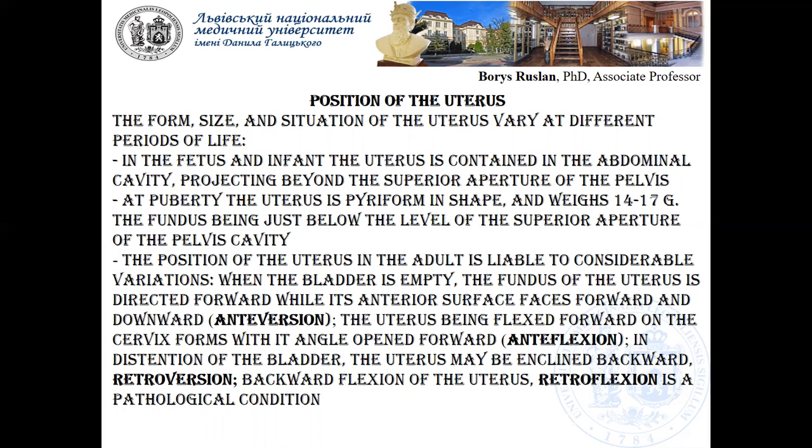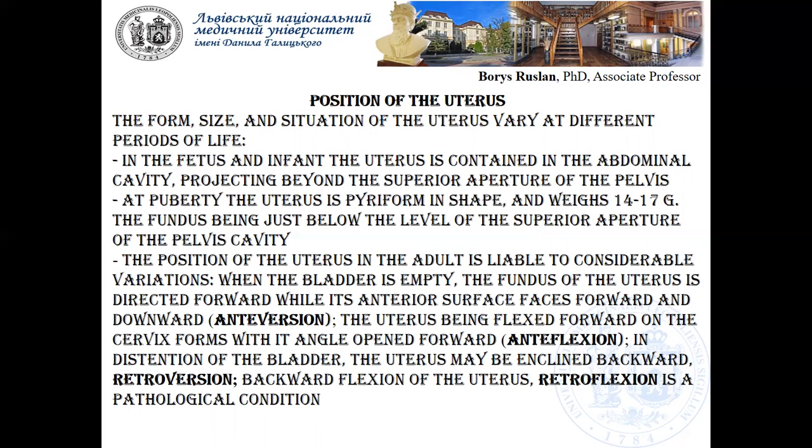Okay, next. The position of the uterus in the adult is liable to considerable variation. When the bladder is empty, the fundus of the uterus is directed forward while its anterior surface faces forward and downward.